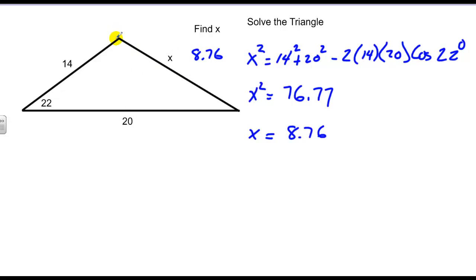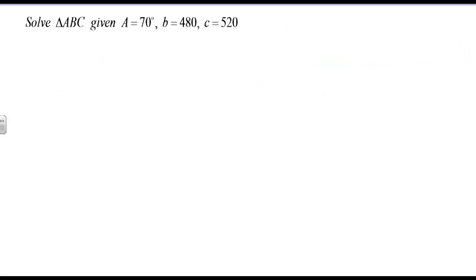If I wanted to find the remaining parts of this triangle, I think it would be easiest to use the law of sines. Now let's draw a picture. We're given that angle A is 70 degrees. We call this angle A, and 70. Here's B and C. So the side b is opposite the angle B, so that's 480. And c is 520.